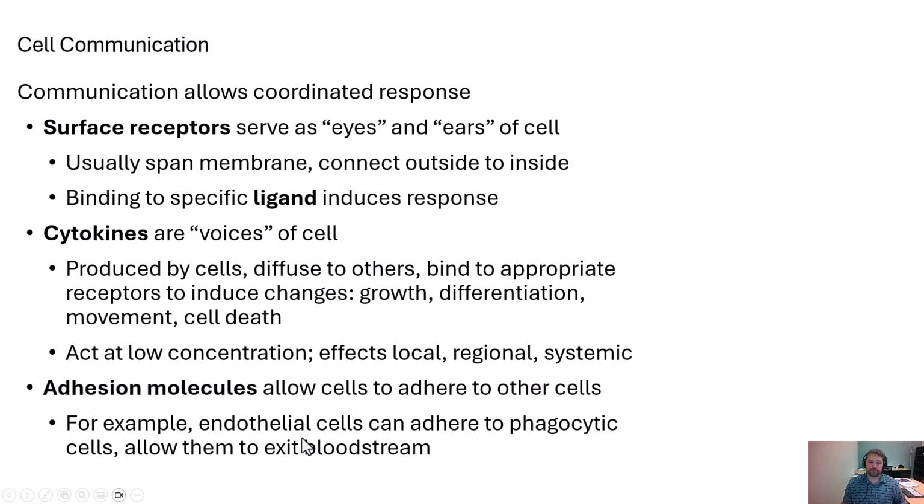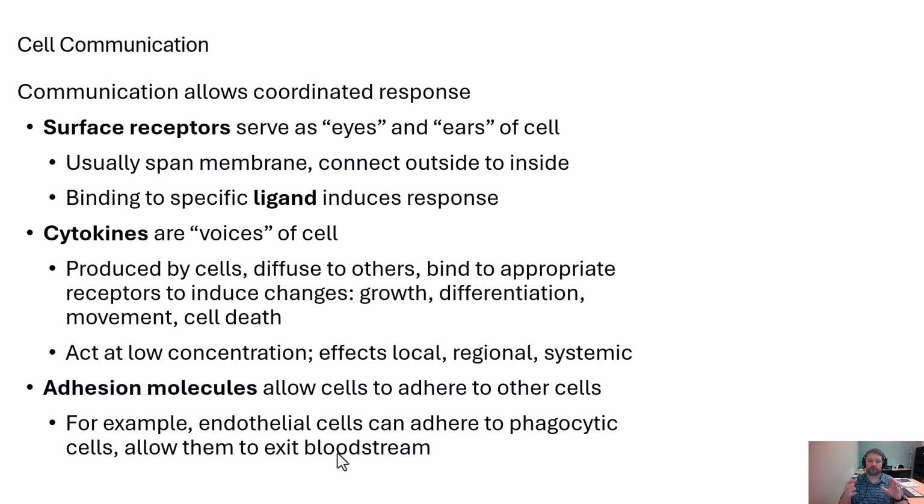And then there's a group of molecules that allow for things to stick to each other, adhesion molecules. And these are often useful for things like neutrophils to move from the blood through the capillaries or through veins out into tissue.